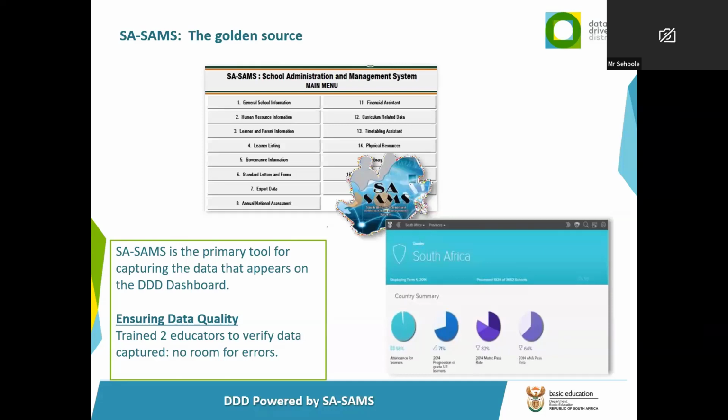So you must have 2 teachers trained to verify that information, so that come Friday, when you send this information to Triple D, it is of high quality, because the information provides inside information in Triple D to assist all officials, starting from the circuit manager, district manager, provincial personnel, so that they know what is happening. So it is very important that you must have 2 teachers or even more than that to do that.